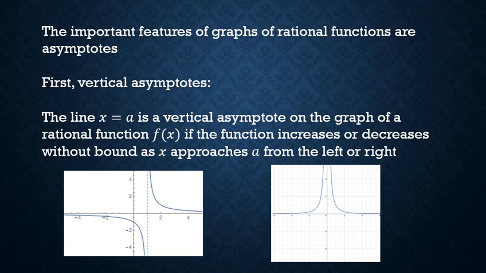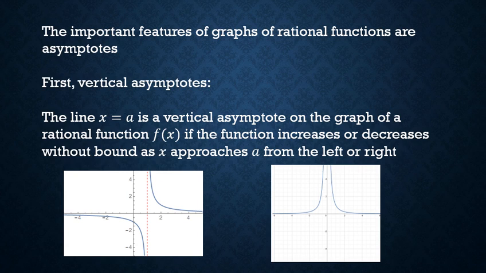The function is never going to actually hit that dashed line, but it will get very, very, very close to it. So close to it that it may seem like it's going to hit that line. But this is one example of a vertical asymptote. From the left, the function is decreasing without bound. From the right, the function is increasing without bound.